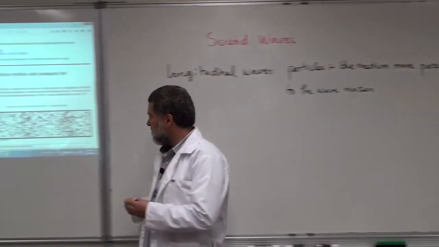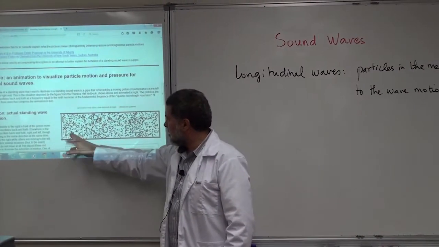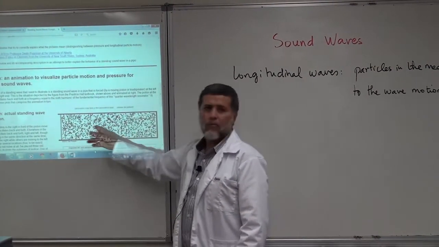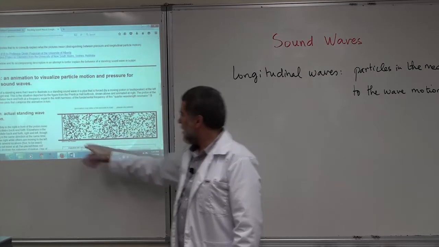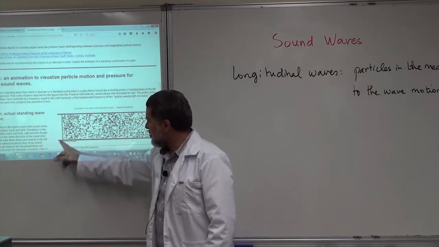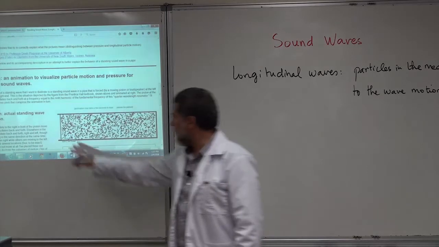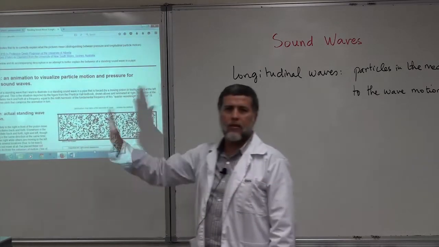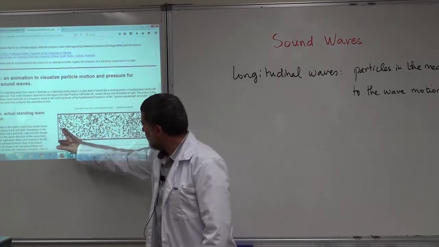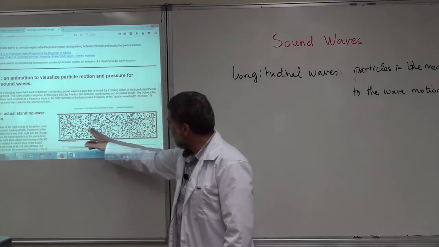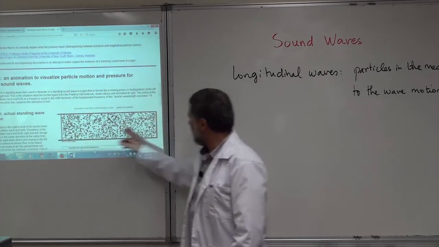As you can see here, this is a tube, and we have air molecules here. And this is the source of the disturbance, which is this diaphragm. It's oscillating with a certain frequency, and you can see the wave is moving from left to right.